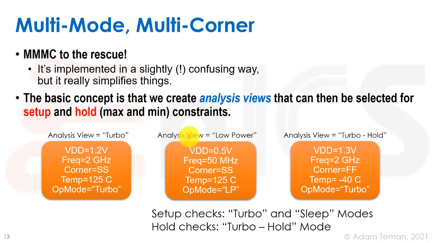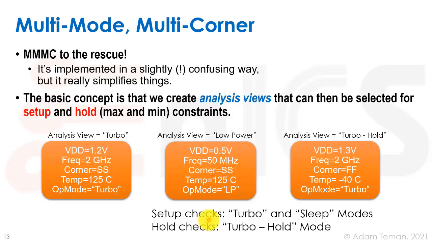So I mentioned before when we were talking about set case analysis that set case analysis is how we set different modes. We're going to actually have a separate SDC file for each mode. So we're going to have one for test mode and one for functional mode, for example. Using our analysis views, we can set two different modes to check for setup and two different modes to check for hold, or it can be very many different modes.